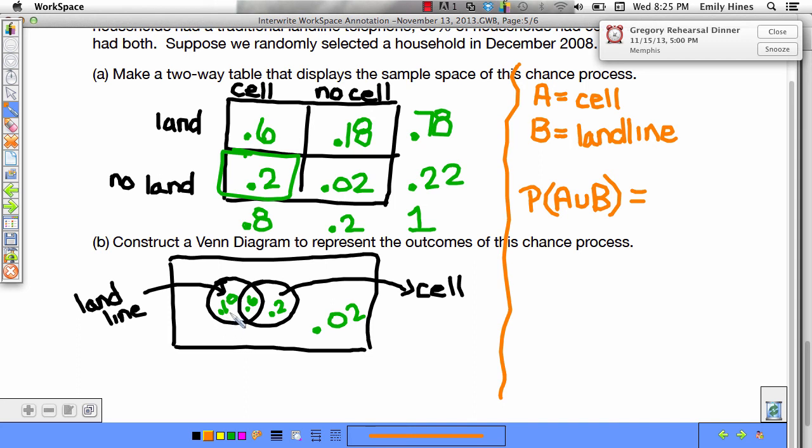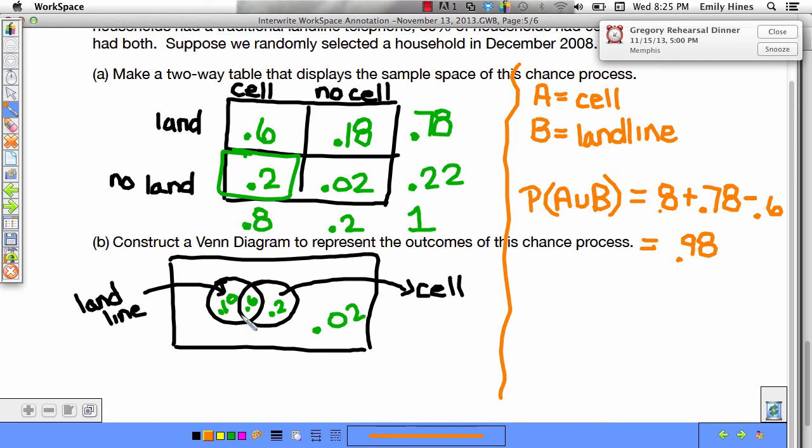One, the other, or both: 0.8 plus 0.78 minus the both, which is 0.6. When I add these together, that is 0.98. So there's a 98% chance that they have at least one type of phone.